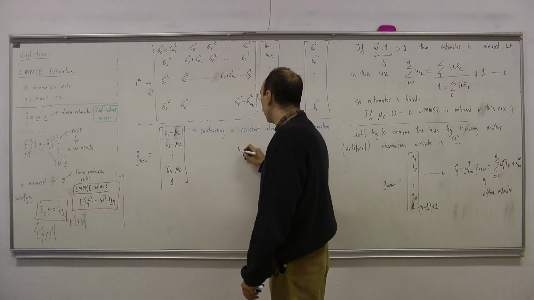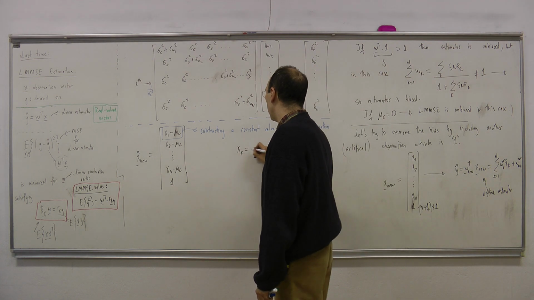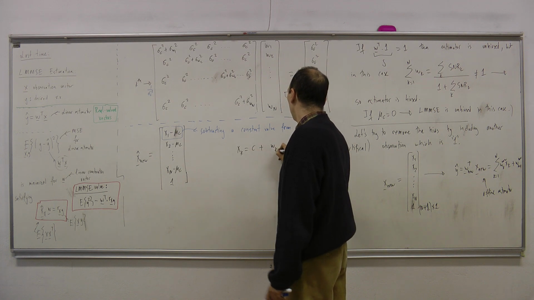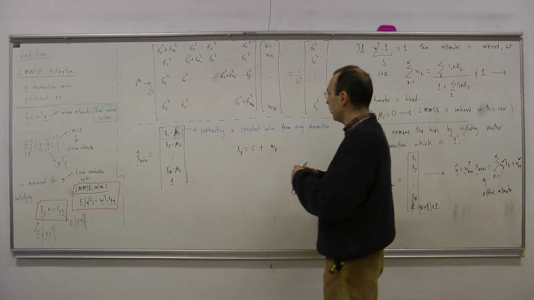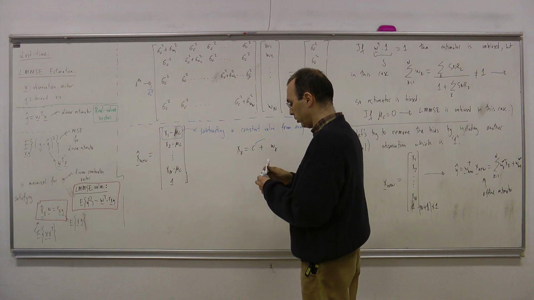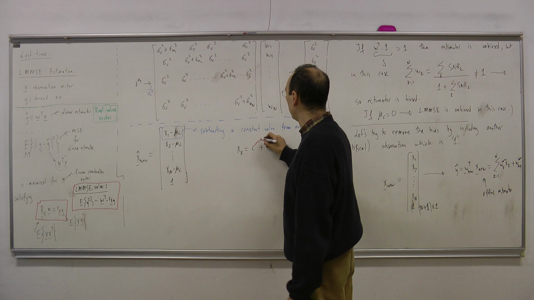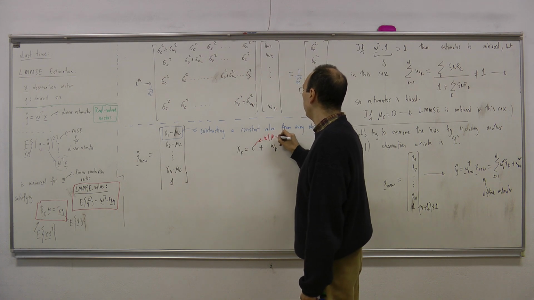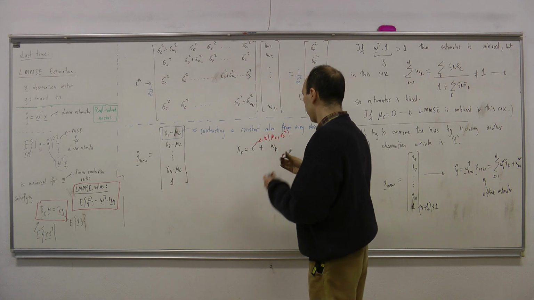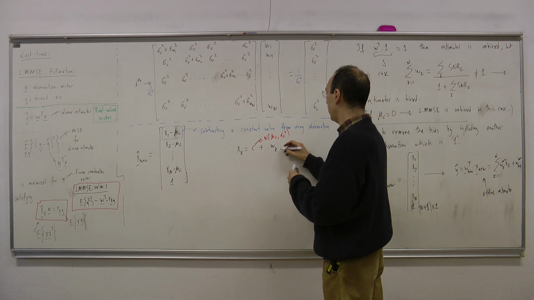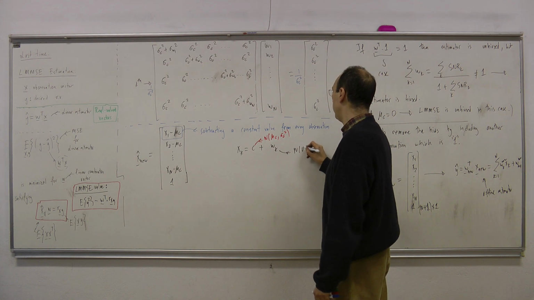Now please remember, x of k is equal to c plus w of k. Now c right now has a mean and variance, as before.